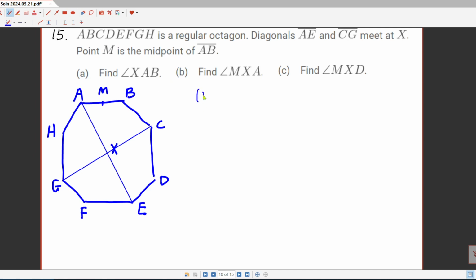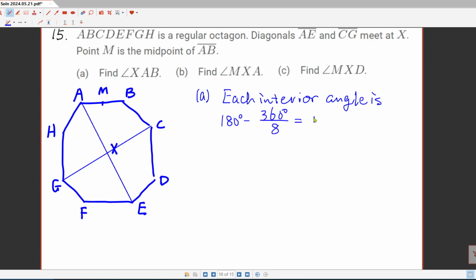Alright, so in the first question, we know each interior angle is 180 degrees minus 360 degrees over 8, right? That gives us 135 degrees.